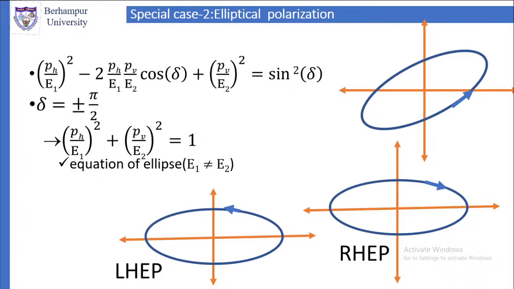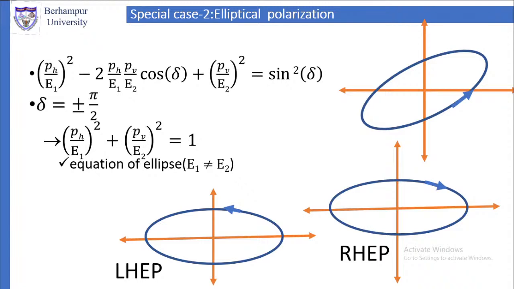So the tip is moving. When the tip moves, it can move in the clockwise direction or the anti-clockwise direction. Depending on which direction it is moving, we define the sense of polarization as left-handed elliptical polarization or right-handed elliptical polarization.